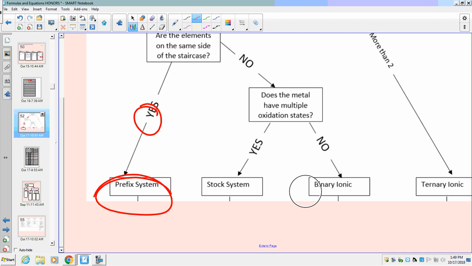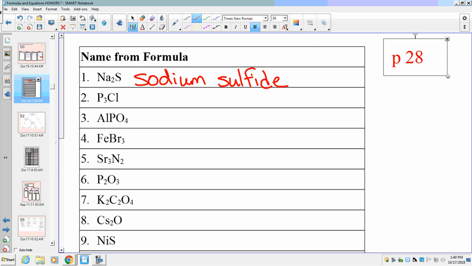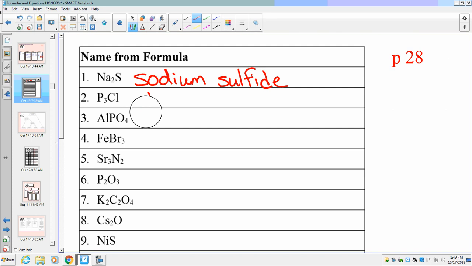So again, you're just going to follow that prefix naming system that we did before in order to indicate how many of each element we have. So this is going to be triphosphorus monochloride.